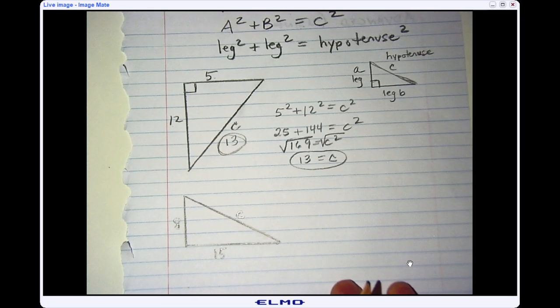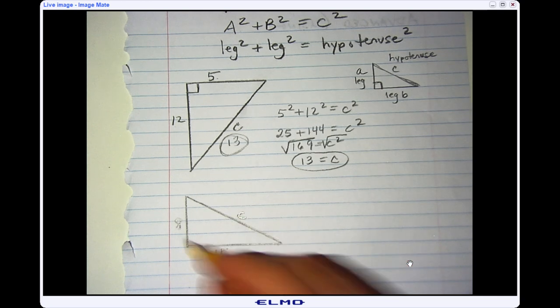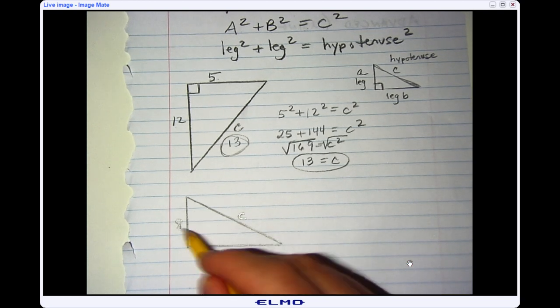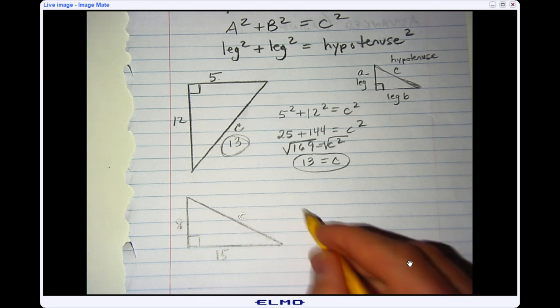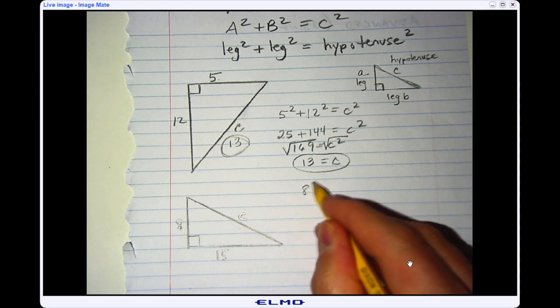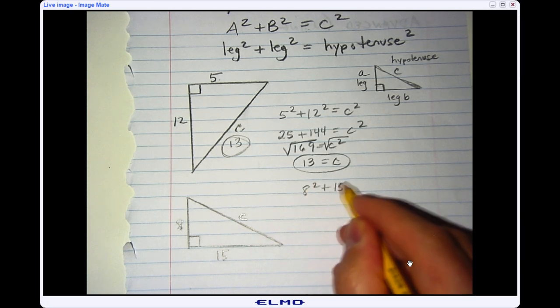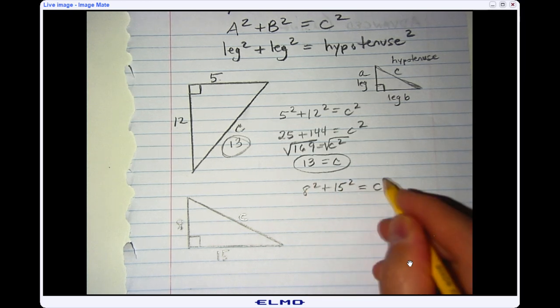Here's a second example of the Pythagorean theorem. Again, here's my right angle, and I know this side is 8 and this is 15, so I know my two legs, but I do not know my hypotenuse. So I'm going to go 8 squared plus 15 squared equals c squared.